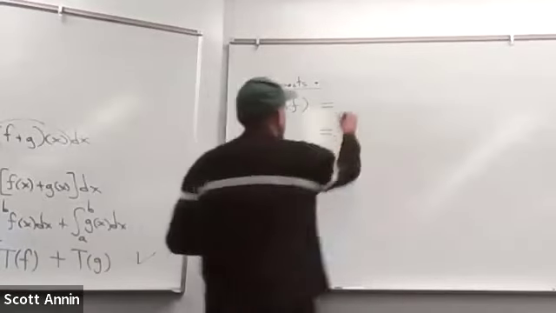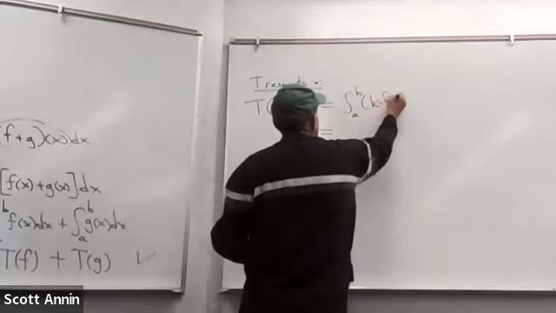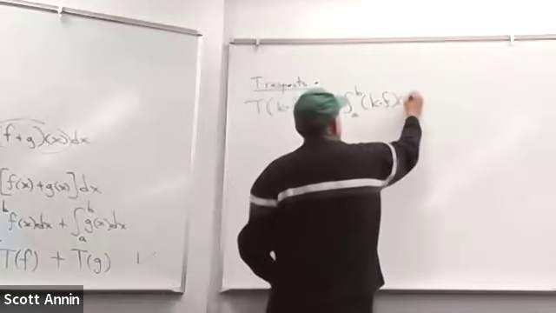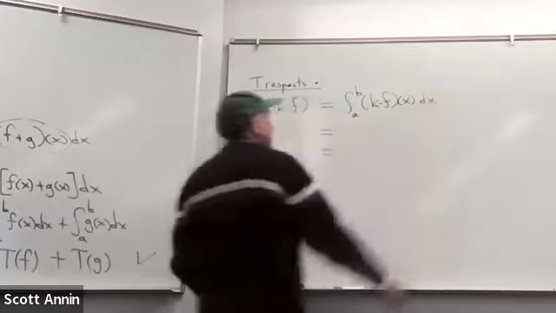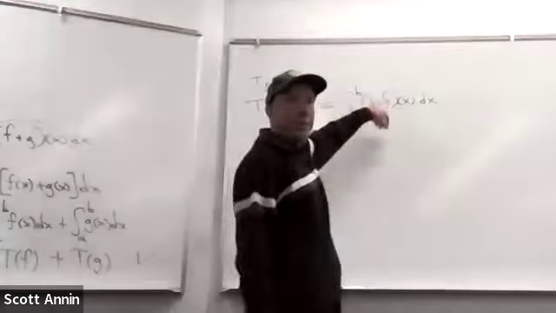The first thing we need to do is just plug straight into our formula again. So this would be the integral from a to b of k f of x dx. Okay. And what can I do from here? Now I can pull the k out. Exactly. k is just a constant inside the integral.